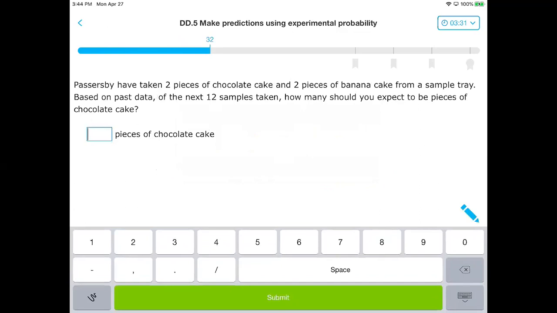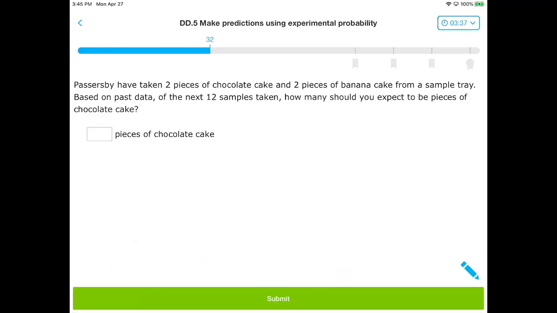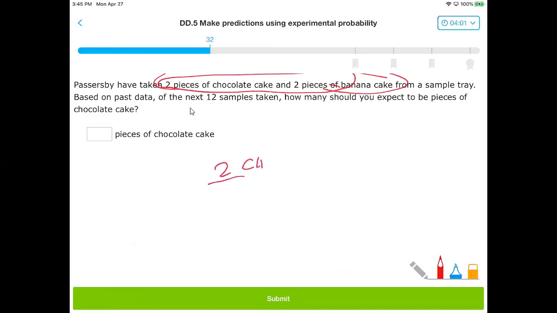Now it says passersby have taken 2 pieces of chocolate cake and 2 pieces of banana cake from a sample tray. Based on the past data, of the next 12 samples taken, how many would you expect to be chocolate? So we have a total of 4 pieces of cake, and out of those 4 pieces of cake, 2 were chocolate.